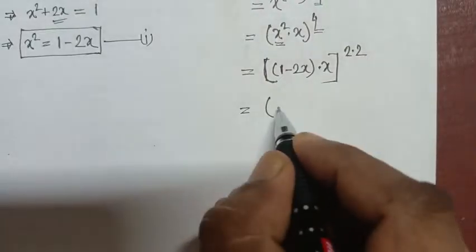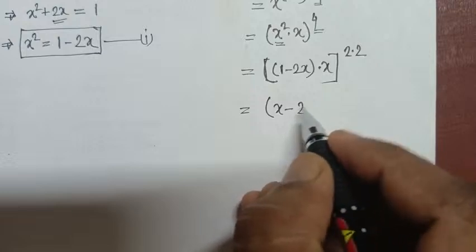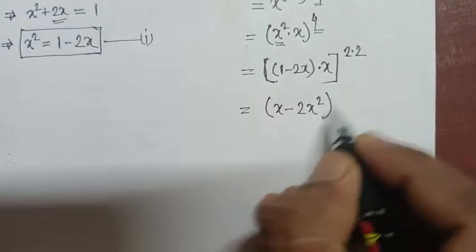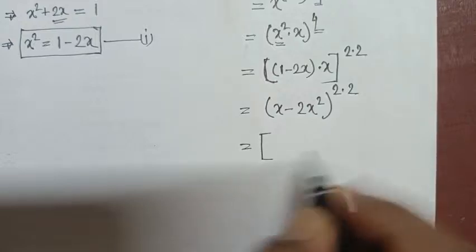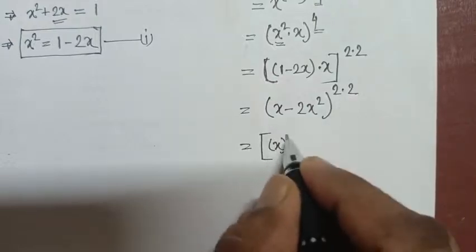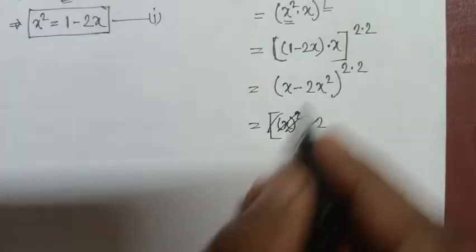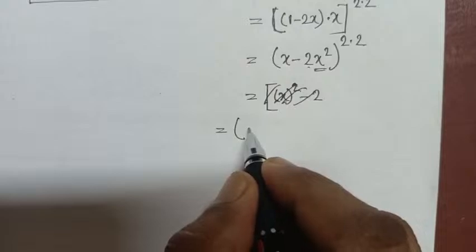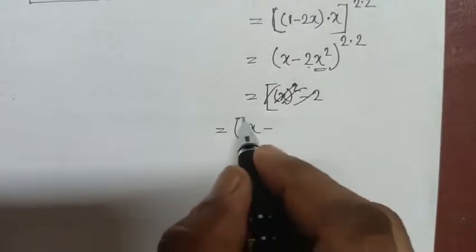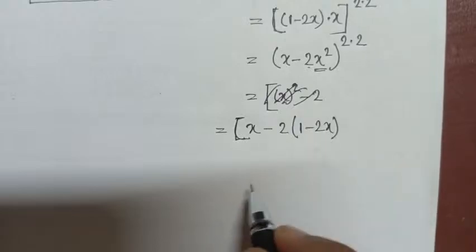So we can write x minus 2x square, to the power of 2 times 2. Now if we take this, we get x square minus 2, and we know the value of x square is equal to 1 minus 2x. We are going to replace the value of x square here with 1 minus 2x.